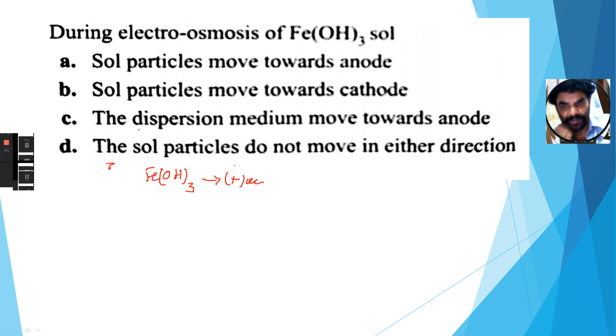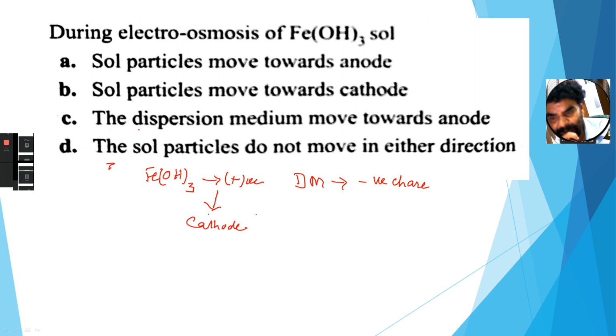Colloidal particles have the positive charge, and the dispersion medium has the negative charge. You know the meaning of electroosmosis: the colloidal particles are stationary, and the medium moves towards a particular electrode. A positively charged colloid would normally move towards the cathode.